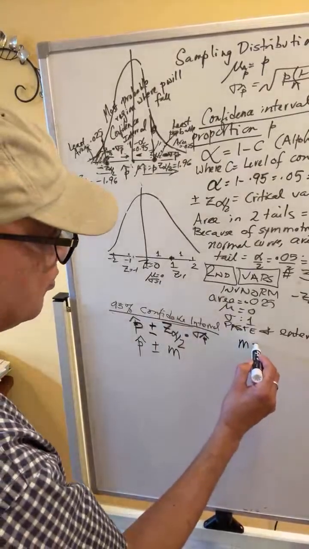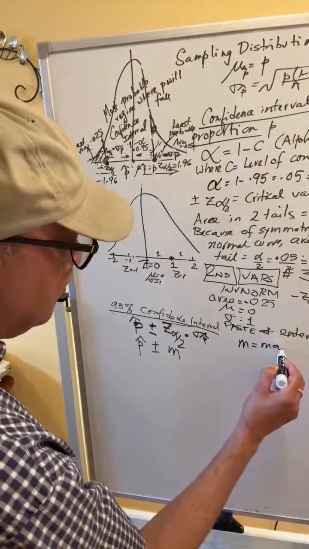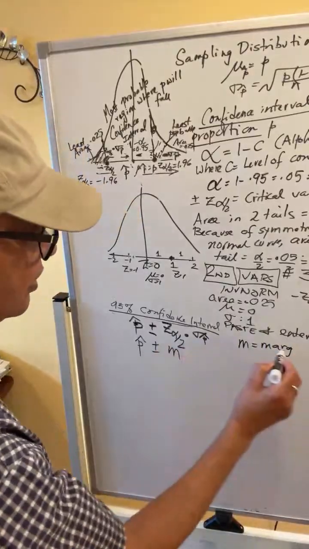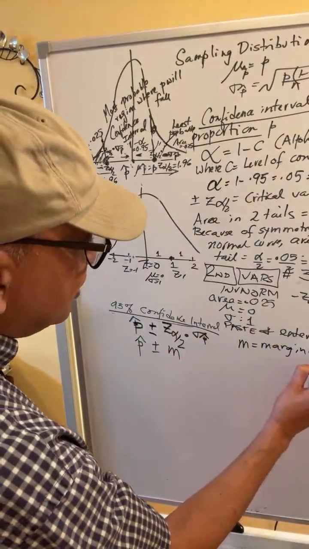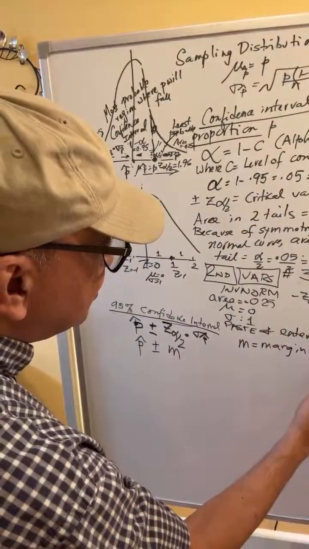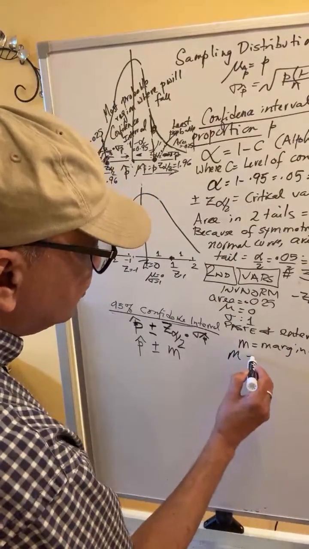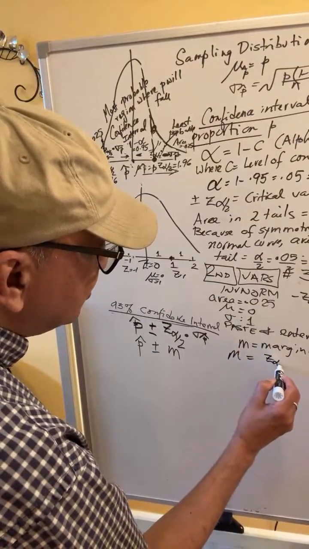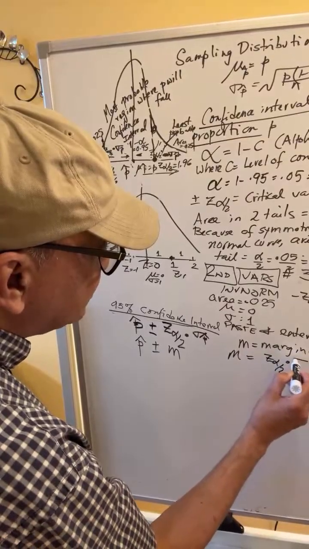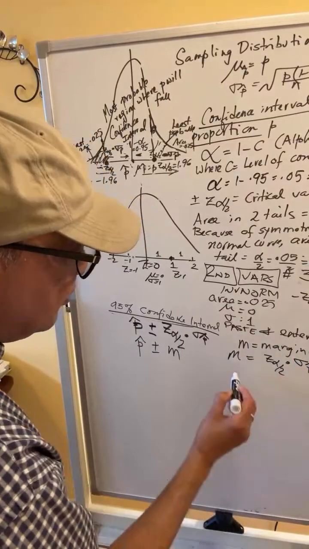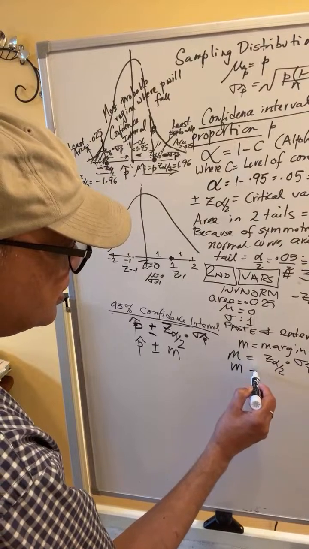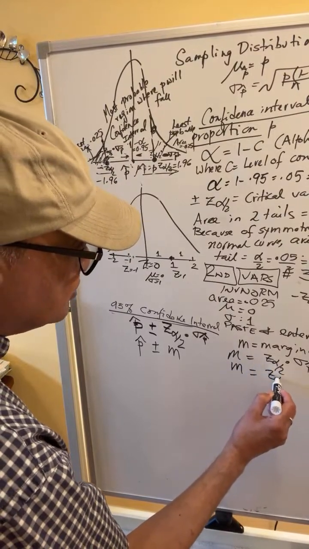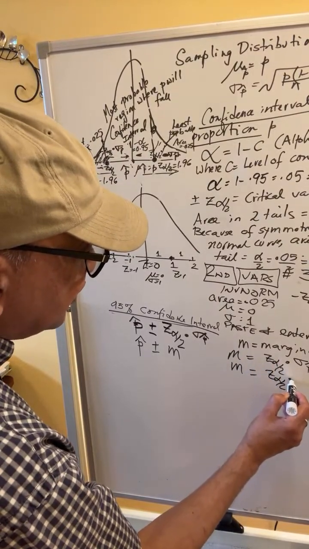M is your margin of error. The whole thing, margin of error, is equal to Z alpha by 2 times sigma P hat.